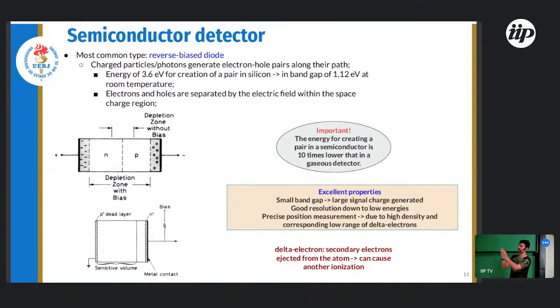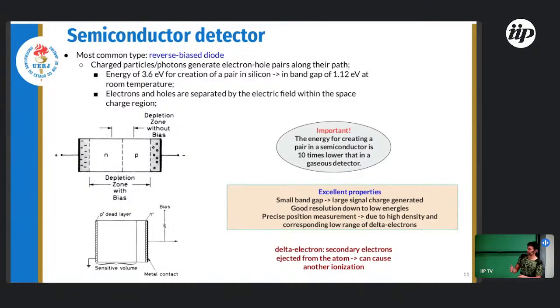We see that the depletion zone will increase. Now we have a larger depletion zone or space charge region, and we can use this zone for particle detection. This is how we can use this technology for detecting particles.